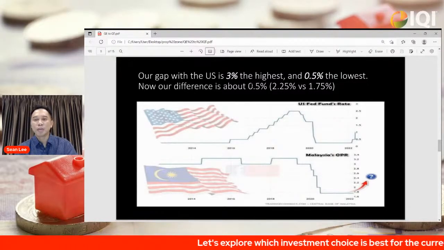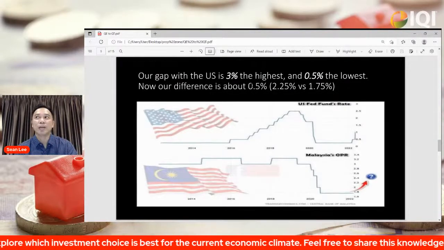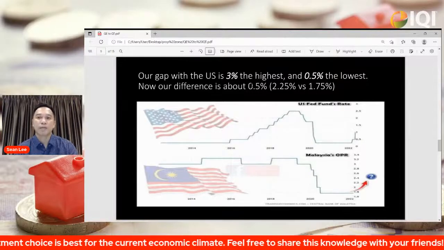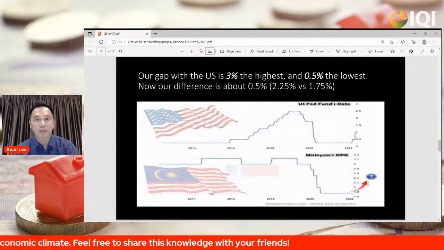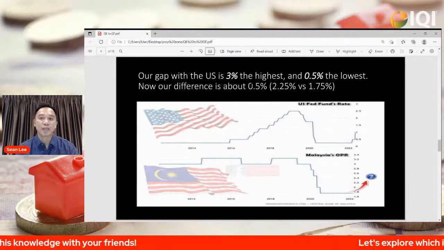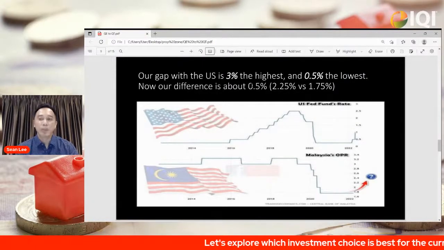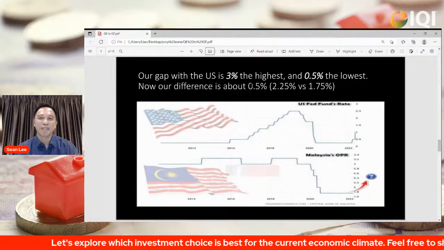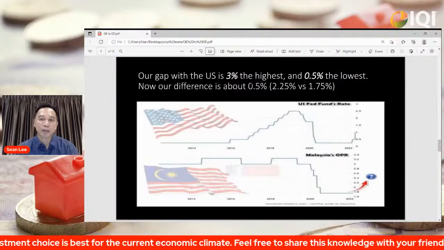So if you increase the interest rates in an aggressive move, it will increase the bankruptcy rate, which is very bad for the banking sector and also very bad for the economy. I think that's why the central bank did not raise the rate as aggressively as the US.